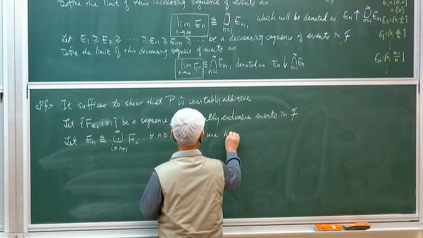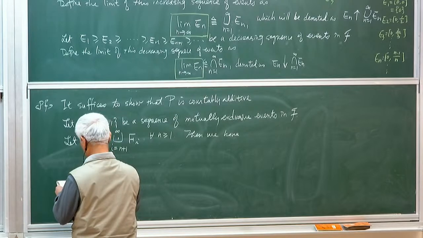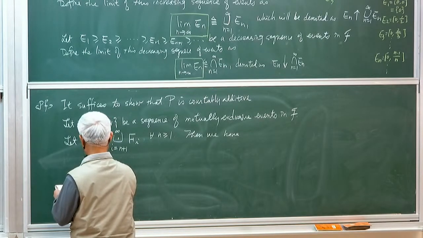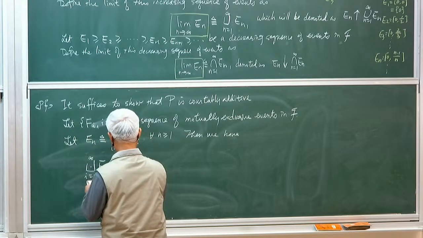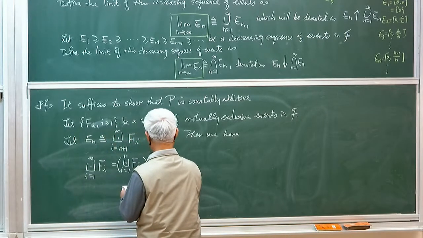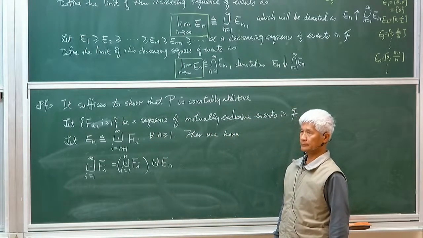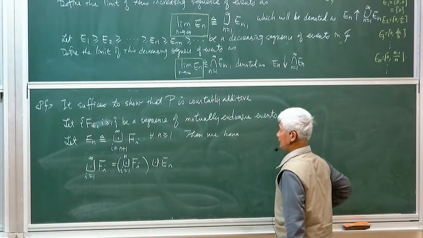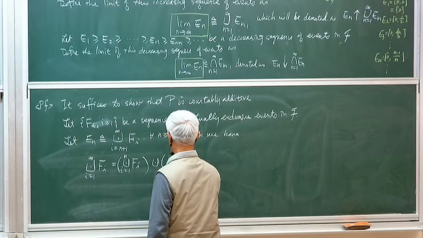Then we have the disjoint union of F_i is equal to the disjoint union of i from 1 to n of F_i and the disjoint union E_n, where by our definition the second part is the union from i equals n plus 1.